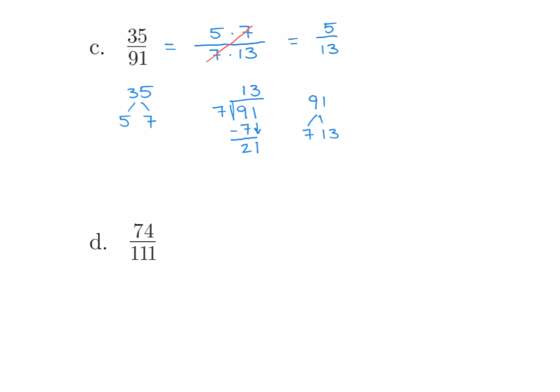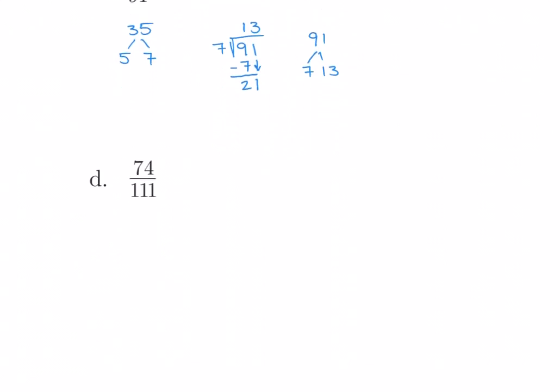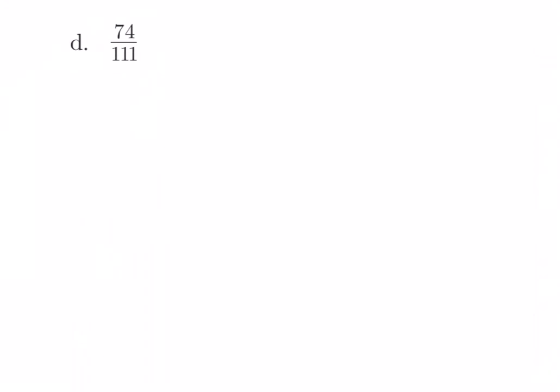All right, let's try one more of these. Let's try example D, 74 over 111. I'm going to start with the easier number. For me, 74 is easier. I know that 2 goes into 74. And if we divide 74 by 2, we should get 37.